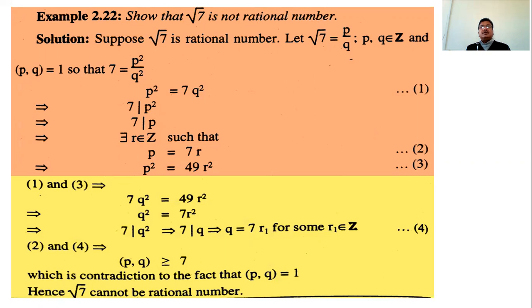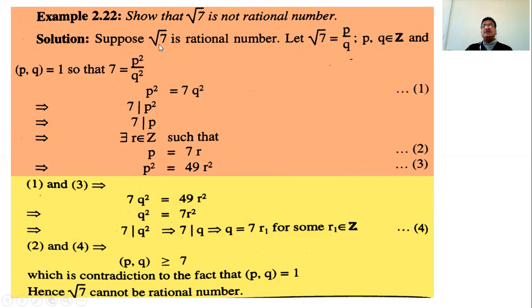But what is the lowest form of 0.5? It is 1 by 2, because the greatest common divisor of 1 and 2 is 1. 5 by 10 is not the smallest form, because the greatest common divisor of 5 and 10 is 5.